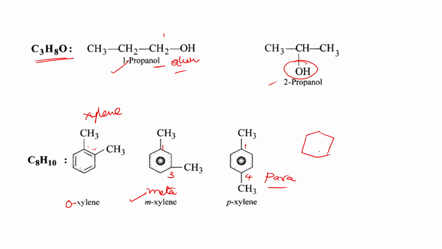In the case of benzene, for example, here the substituent is there, so these two are ortho positions with respect to this substituent, whereas these two are meta positions, whereas this one is the para position with respect to this substituent. This is considered as a substituent.